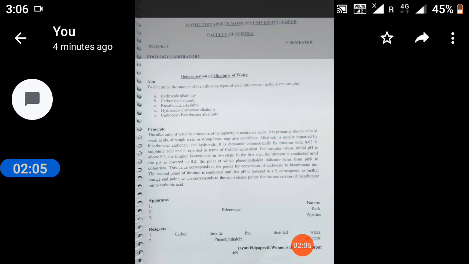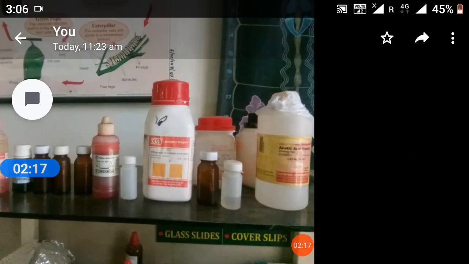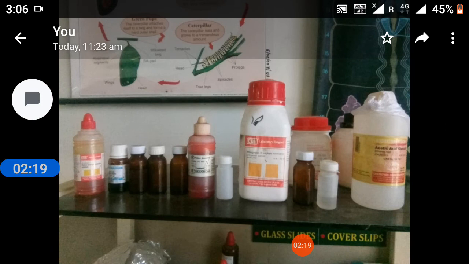Alkalinity is usually imparted by bicarbonate, carbonate and hydroxide. It is measured volumetrically by titration with 0.02 N sulfuric acid and is reported in terms of calcium carbonate equivalents.